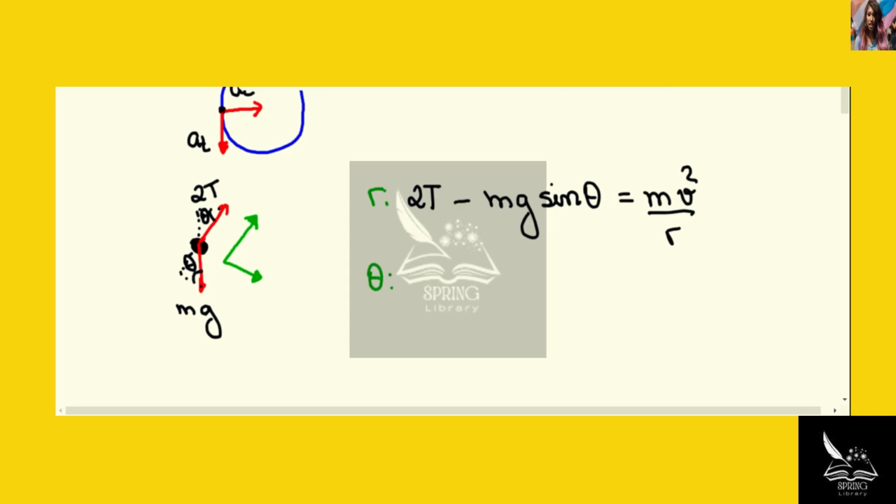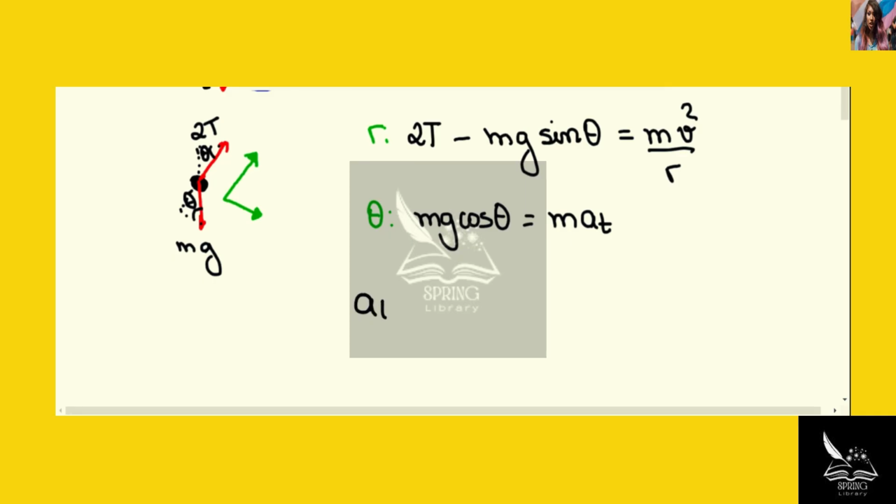In the tangential direction, we have 0 plus mg times cosine of theta, and this is equal to m times the tangential acceleration. So I'm going to take the equation for theta and find that the tangential acceleration is g times cosine of theta.